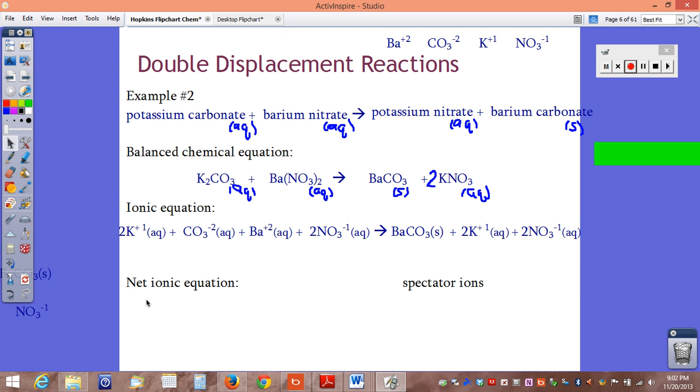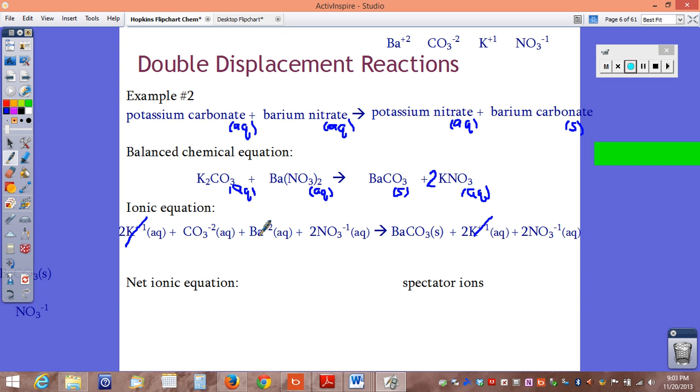To find my net ionic equation, I want to eliminate all the spectators. Anything that's the same on both sides. So there's potassium here, there's potassium here. They're spectators, they're exactly the same, they cancel. The carbonate does not cancel, because here it is a carbonate ion by itself, but here it is bonded with the barium.